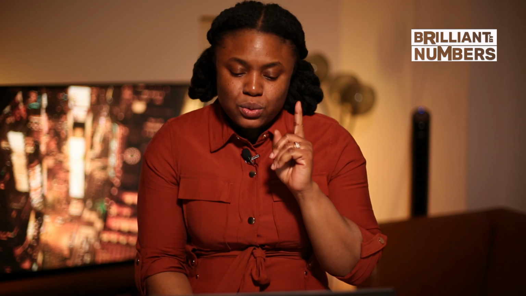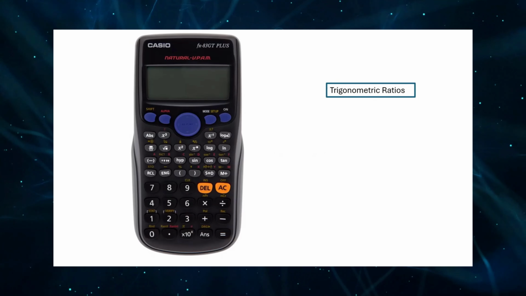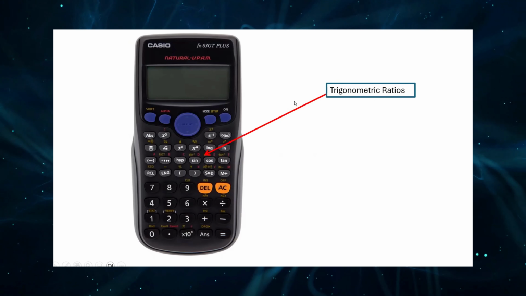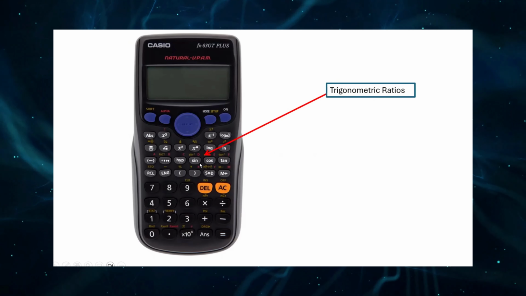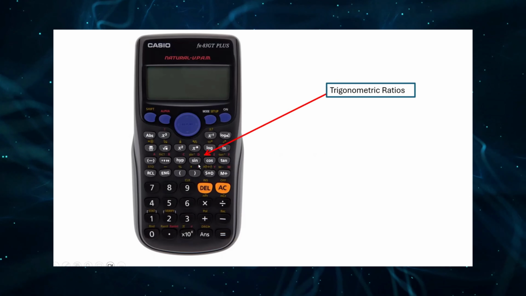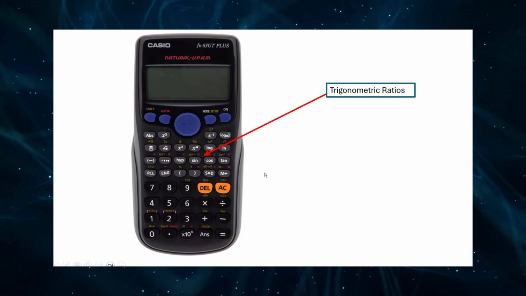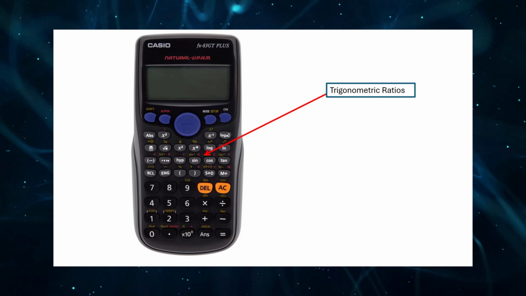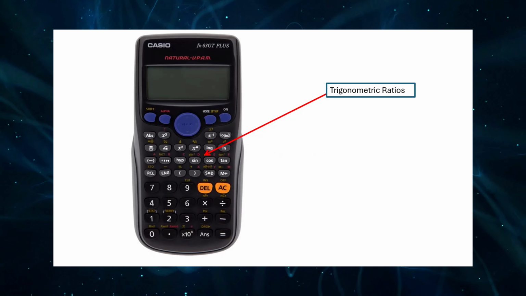So make sure you ask your teacher in your lessons how to navigate your particular calculator. So if you've got this Casio calculator as I have on screen here, your trigonometric ratios are right here where this arrow is pointing. You can see here sine, cos, and tan. Now usually in Key Stage 3, when you're in year 7 and 8, you do not use these functions.